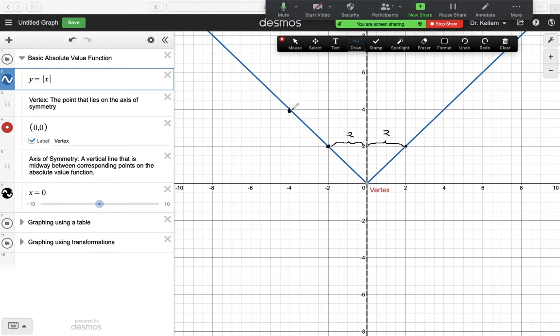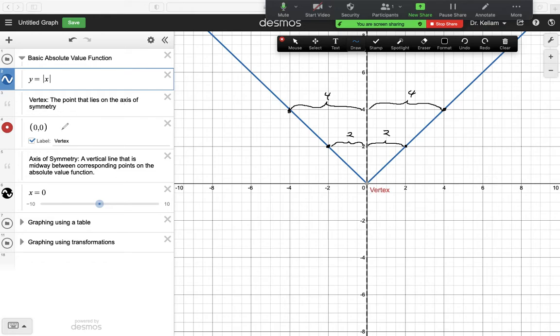Here, I'm a distance of 4 away, which means if I go a distance of 4 on the other side, I end up back on my absolute value function. These are the 3 essential things about our absolute value function.